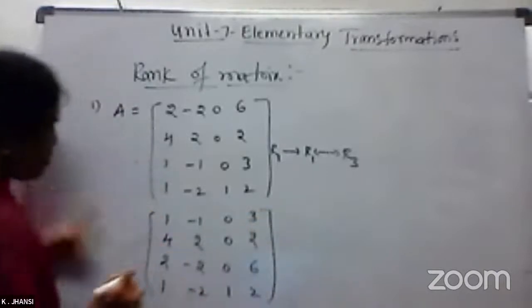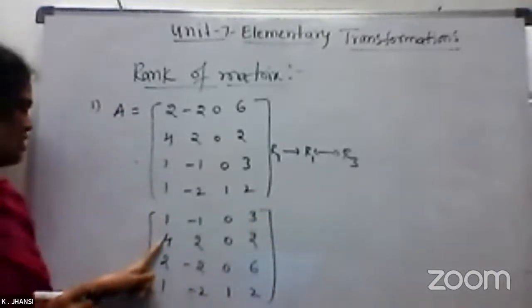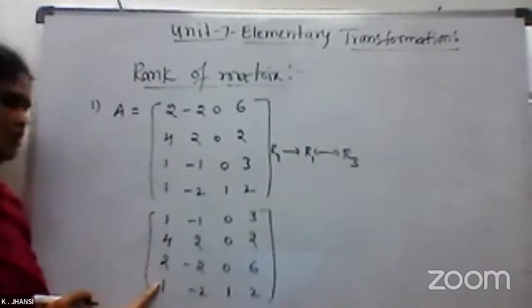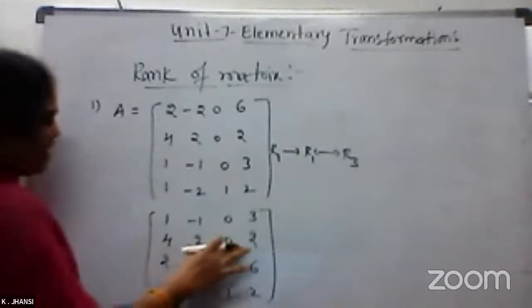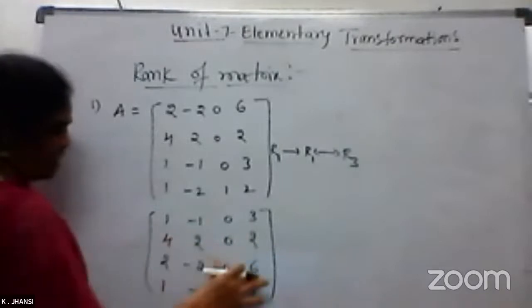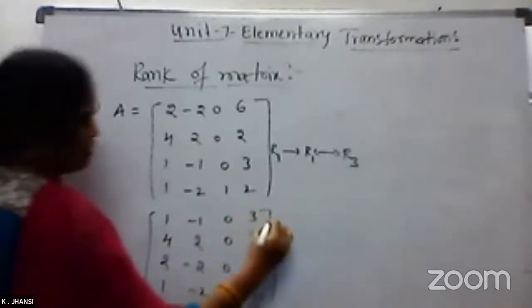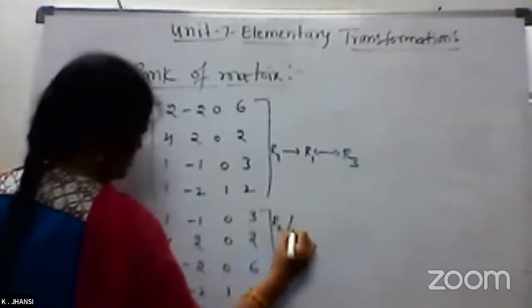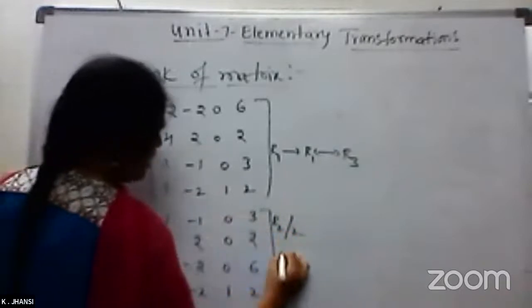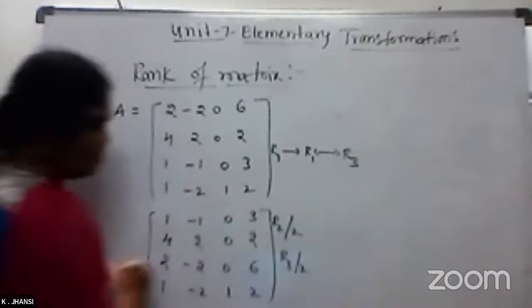First we got this entry as 1. Now you have to make the entries below it 0. We can divide R2 by 2 and R3 by 2.